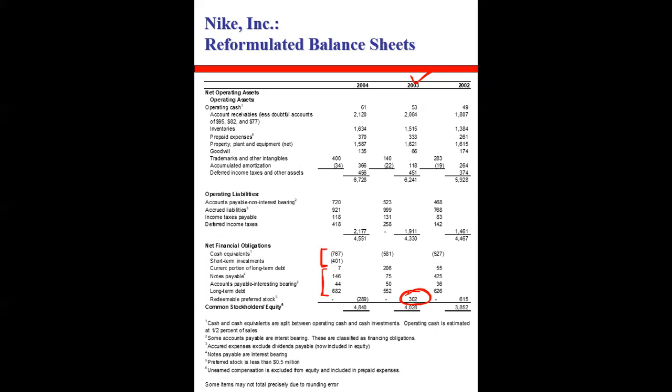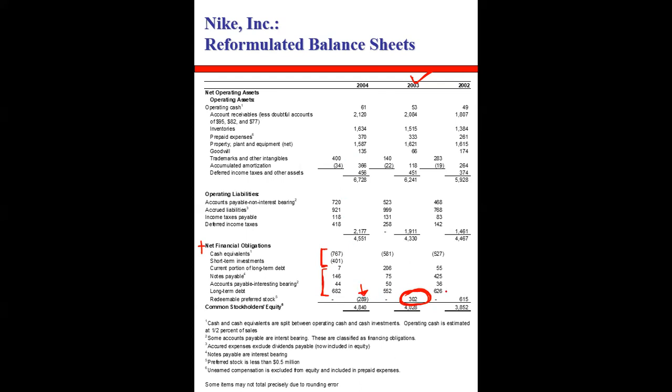So the positive number here indicates that the company has net financial obligations rather than net financial asset. Okay, so you see the company had net financial obligations of 302, and in 2004 this company has a negative net financial obligations of 289.